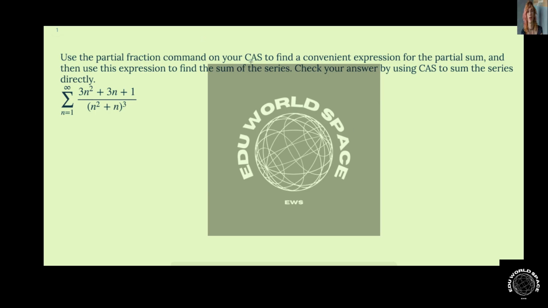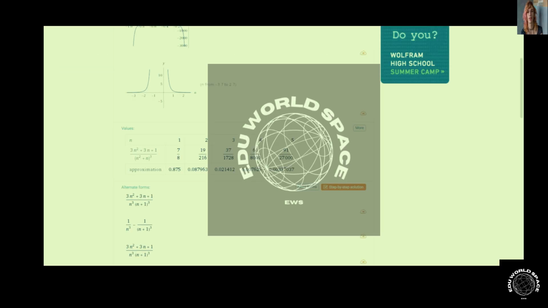Let's use a computer algebra system to go ahead and rewrite this term here, a_n. So here in Wolfram Alpha, my computer algebra system, if we scroll down here, we see a partial fraction decomposition that we can work with.